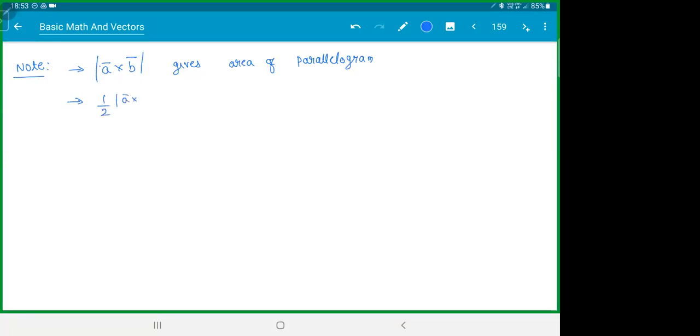Half A cross B gives area of triangle. And A cross B vector is perpendicular to both A bar and B bar. It's perpendicular to the plane of A bar and B bar.